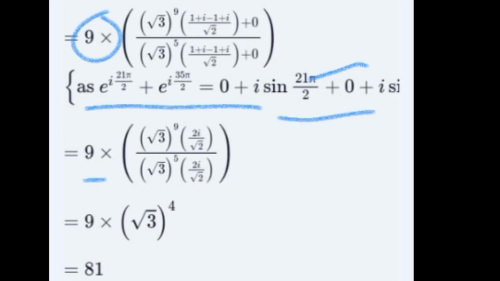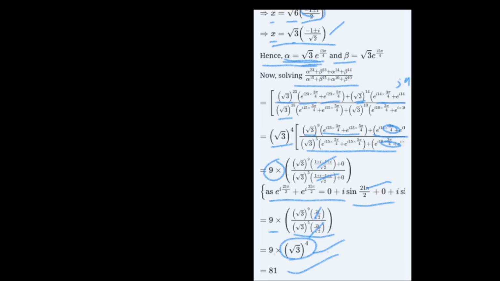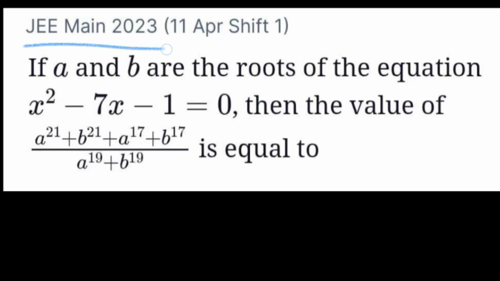Here 1 minus 1 gets cancelled, 2i by root 2, and in the denominator 2i by root 3, both get cancelled. Root 3 power 9 by root 3 power 5 is root 3 power 4, which is also 9. So 9 into 9, the answer is 81.